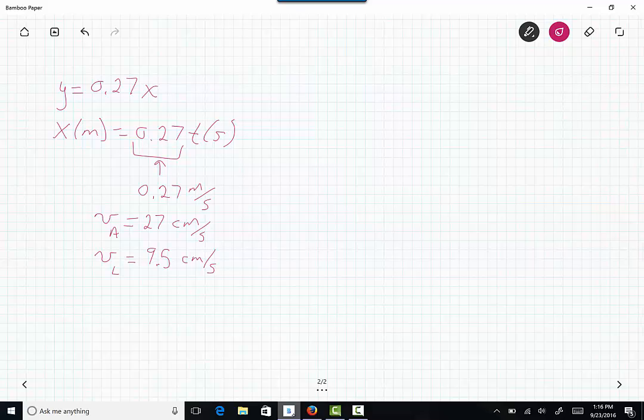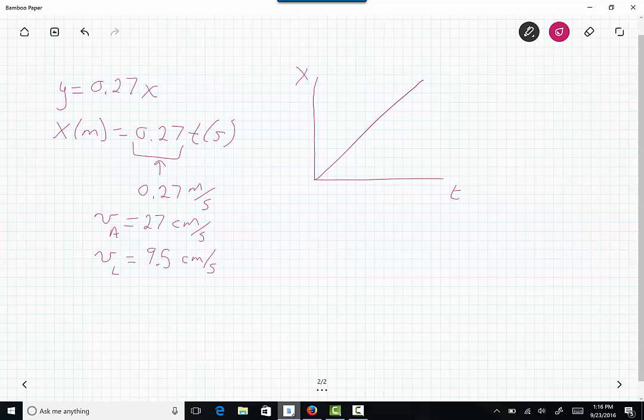Does it matter that your cars were going at different speeds? No, it really doesn't. The important thing to get out of this is what we can understand from the graphs and what they show us. So when we have a graph similar to what you guys were able to get to, where we have x and t, straight line, there are some things that we can say about this graph.